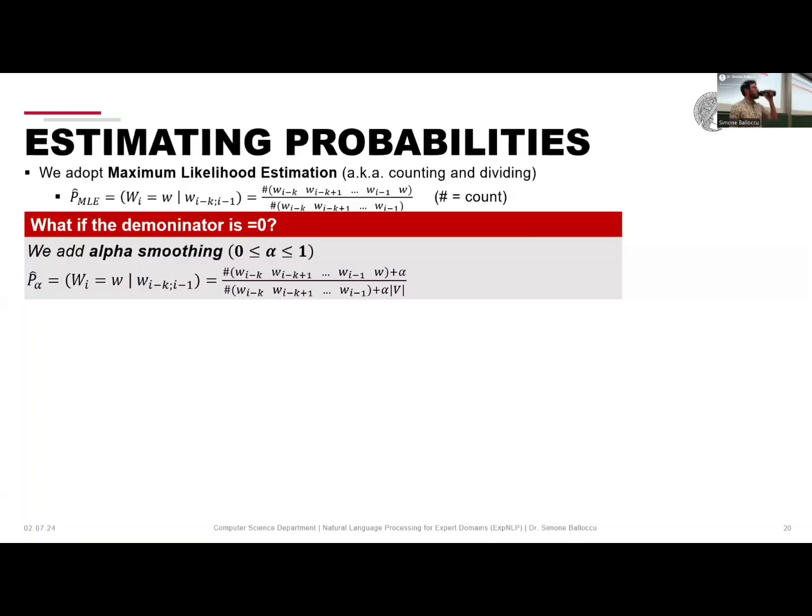Now, how do we train this model? No clue? Someone wants to? Yes? We start, for example, with just one word. We then count all of the occurrences of this one word.